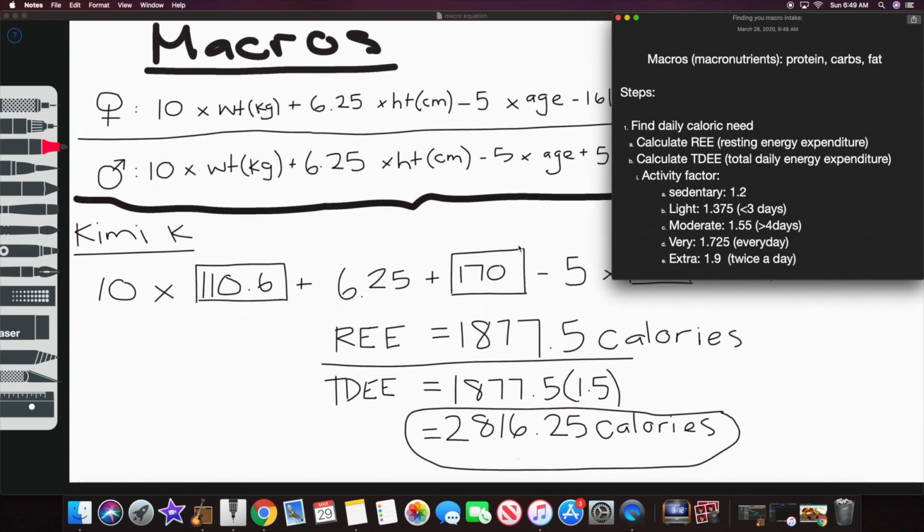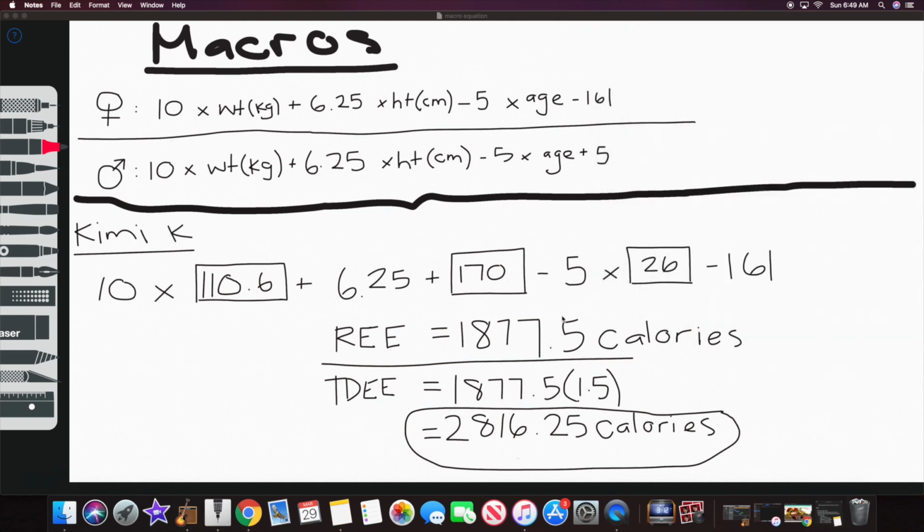Like I said, not a mathematician. So 6.25 times 170, minus 5 times my age, minus 161. After you compute that, please believe I put it in a calculator because PEMDAS, wow.